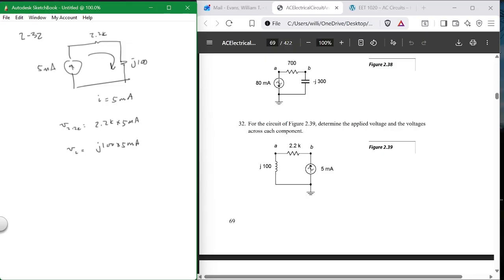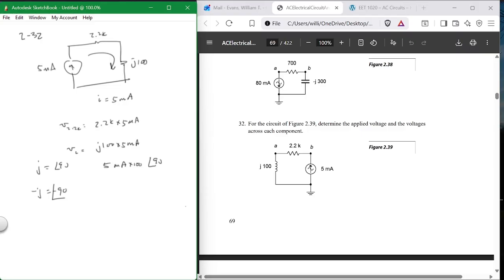So what does that do? It's 5 milliamps times 100 at angle 90, okay? The J is equal to angle 90, minus J is equal to minus 90, all right? So I can just write it. I don't have to do anything else to do that. Everybody follow that? Knock that one in the head. It's easy.